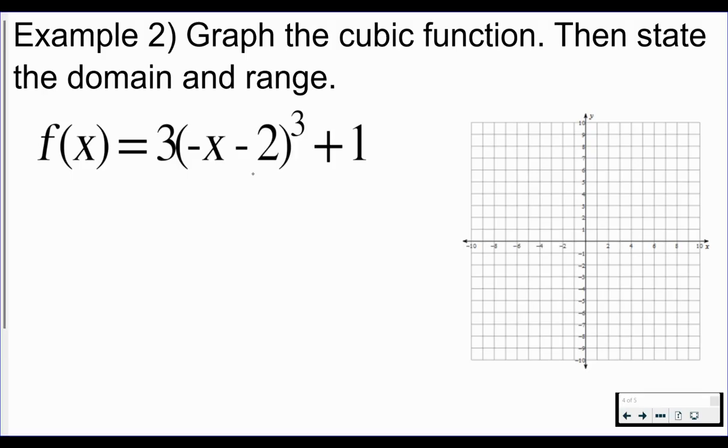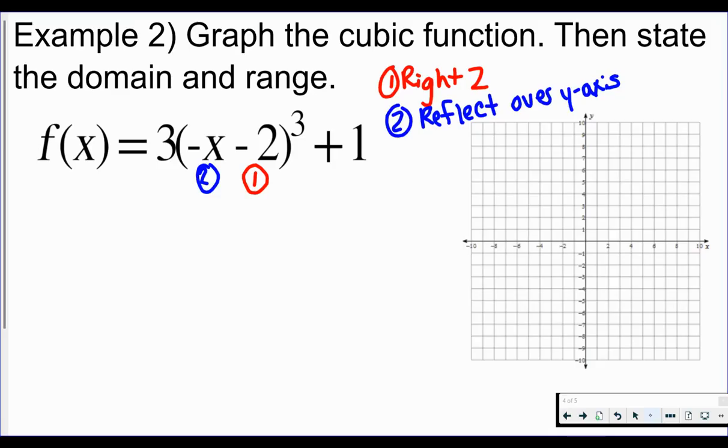So we have going on right here, we have a -2, which means that we are going right 2. And then we have a negative out front of the x. So this is telling us that we are reflecting over the y-axis.